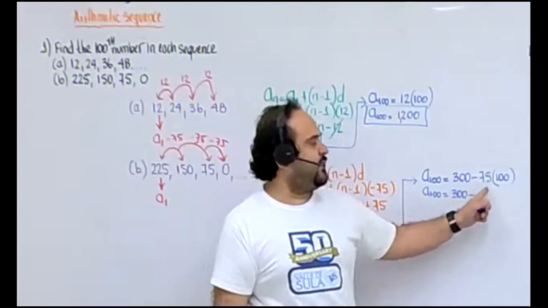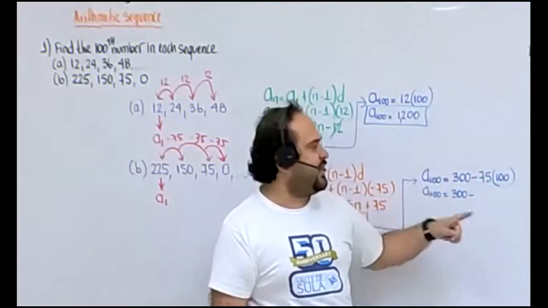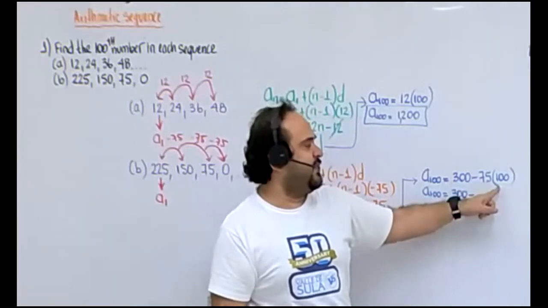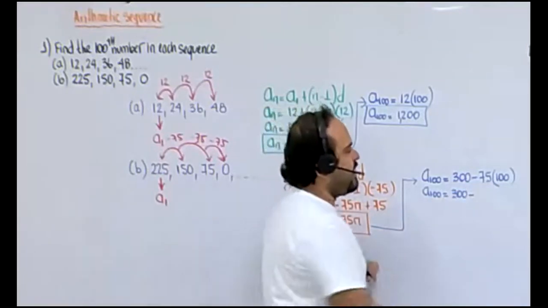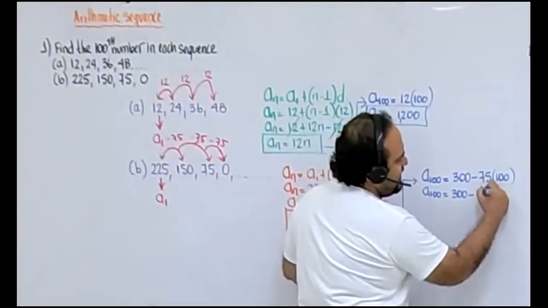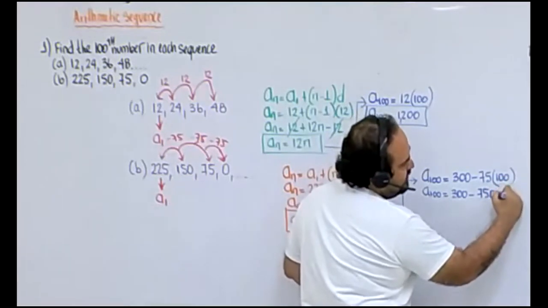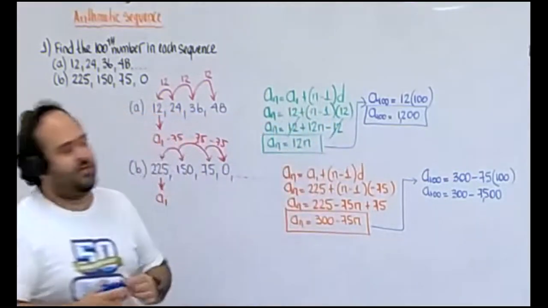Every time you multiply a number by another one with zeros, multiply the number by the nonzero digits and add the zeros. So 75 times 1 and add two zeros, and we have negative 7,500.